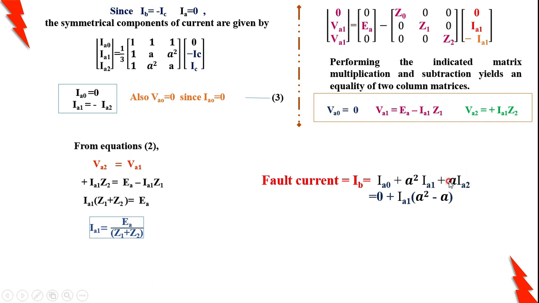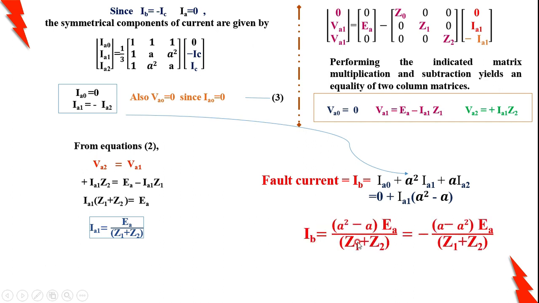Taking IA1 common, what is left out is A square minus A. Putting the value of IA1 from this equation, what I am getting here is (A square minus A) divided by Z1 plus Z2, multiplied by EA. That is IB, or minus IC, that is one and the same. This is the fault current.